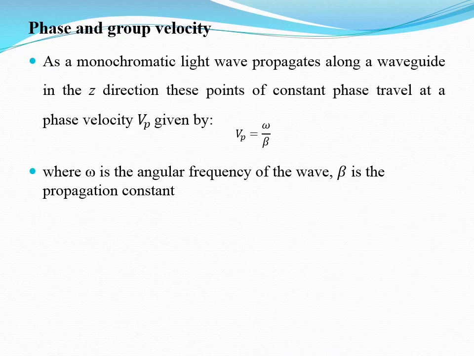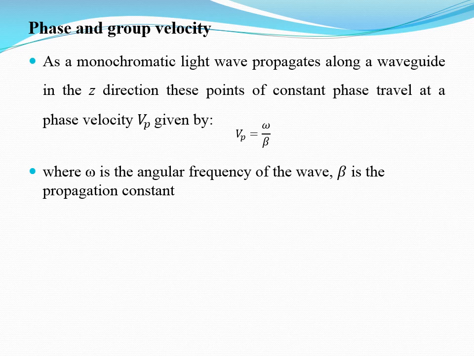Then, phase and group velocity. Whenever I speak of the velocity of an optical signal or a light ray propagating in a fiber, I look into two factors: phase and group velocity. If I consider optical rays propagating in groups, that is multimode propagation, there is a group velocity of these optical rays, with different phases or with the same phase.